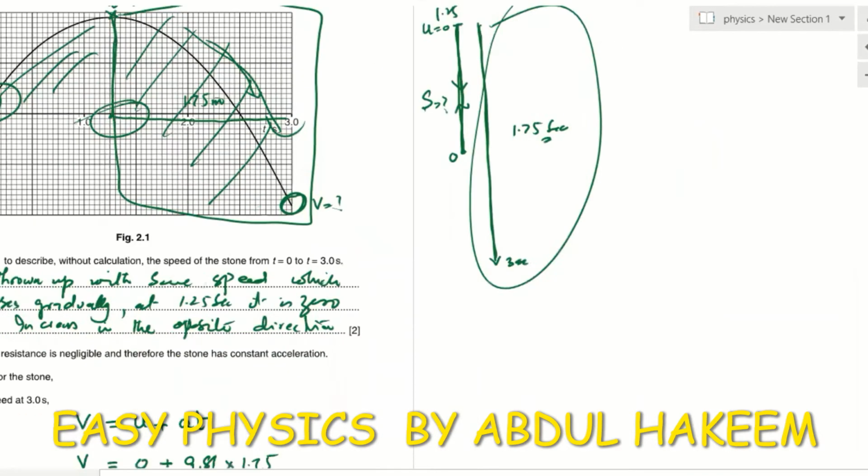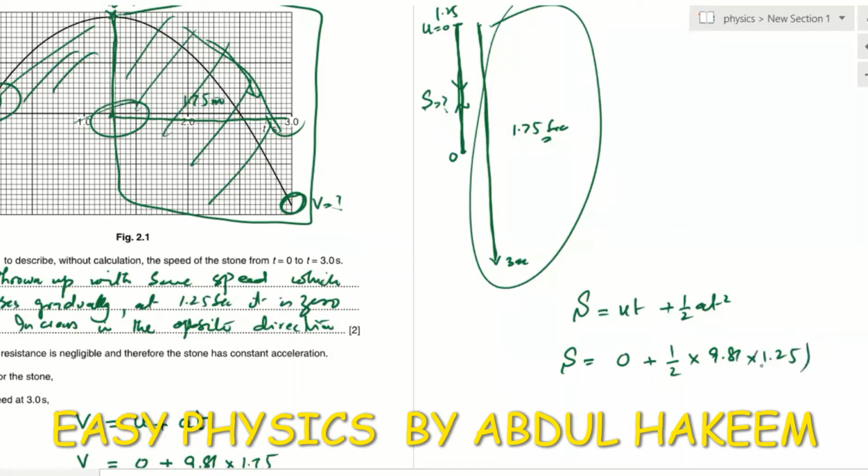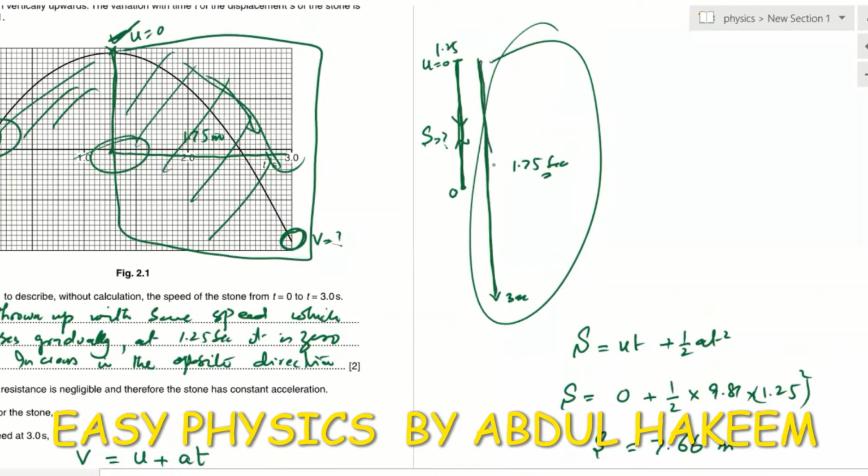So first we will calculate this distance, which is covered upward. s is equal to ut plus 1 by 2 at squared. So for the downward motion, the speed is 0, 1 by 2, acceleration 9.81, and the time taken for this part is 1.25 squared. After the calculation, this distance is equal to 7.66 meter.